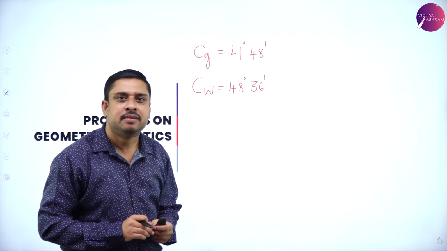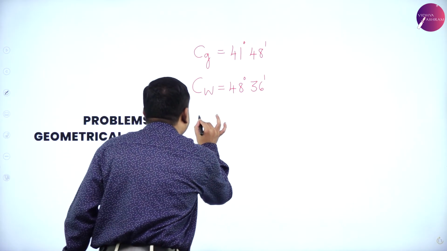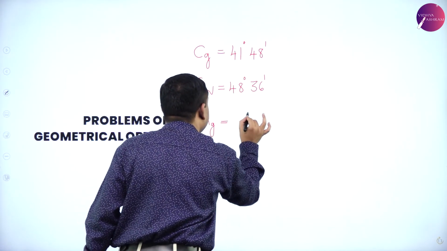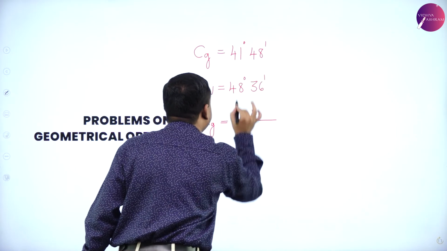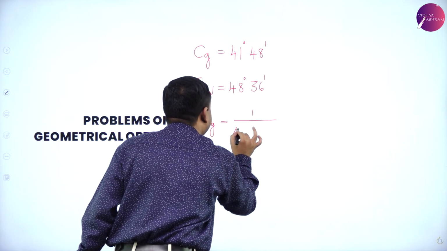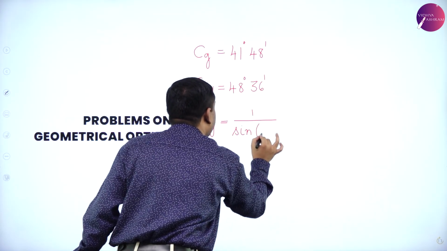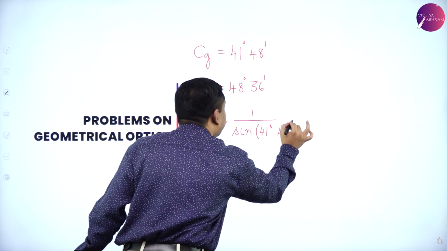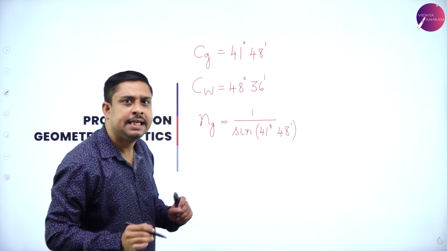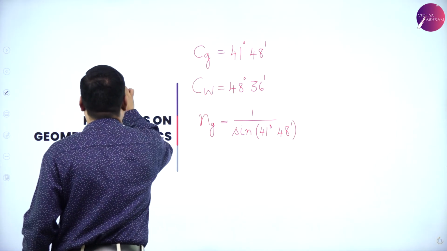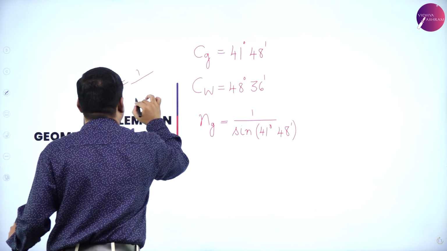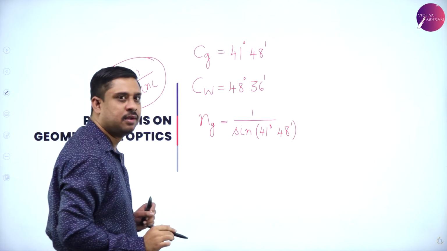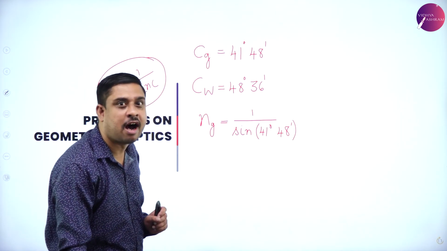That means refractive index of glass is 1 by sine 41 degrees 48 minutes. I know refractive index is 1 by sine C. How important the relations are.